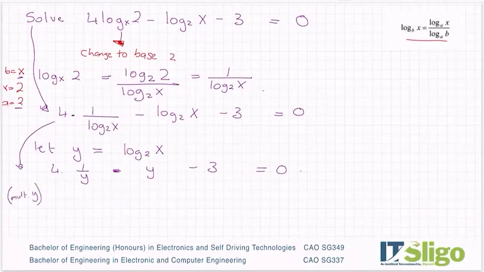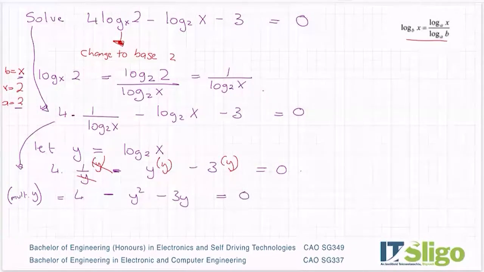So multiply across by y, and that y cancels. So this just becomes 4 ones are 4, minus y squared, minus 3y equals 0. And I'm just going to write that with positive numbers in the order ax squared plus bx plus c equals 0. So what I did from here to here was change the order and change the sign.